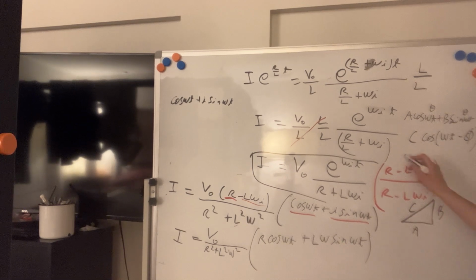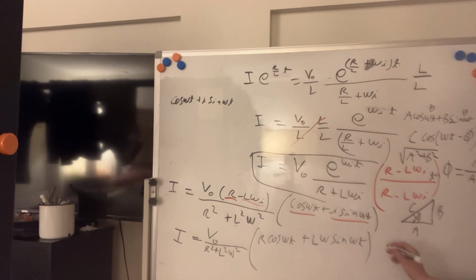So C is the square root of A squared plus B squared. And phi is this angle. So tangent of phi is B over A.